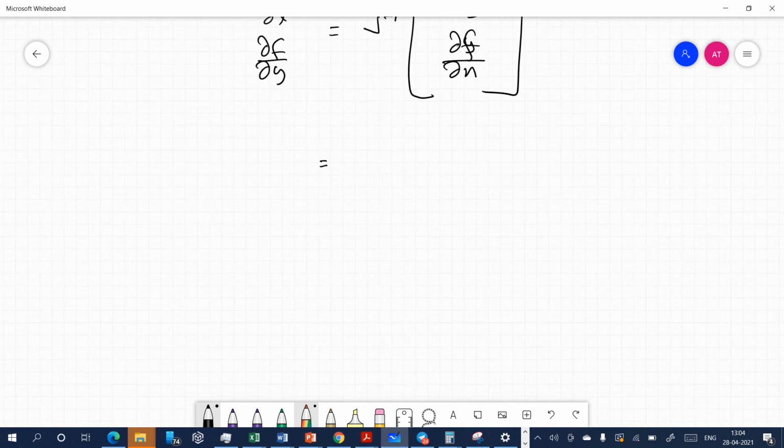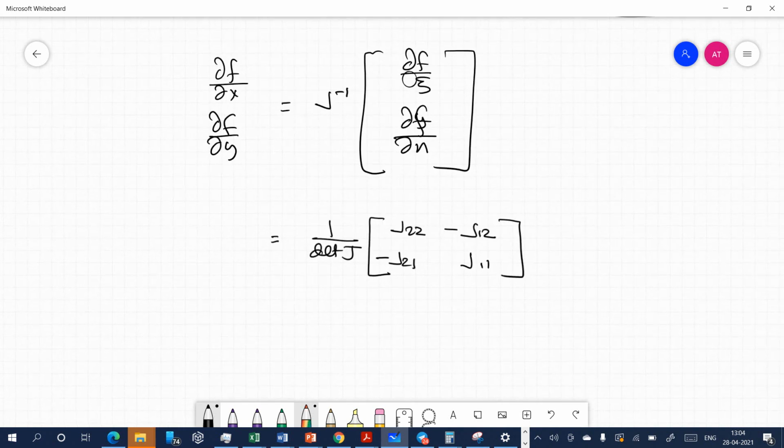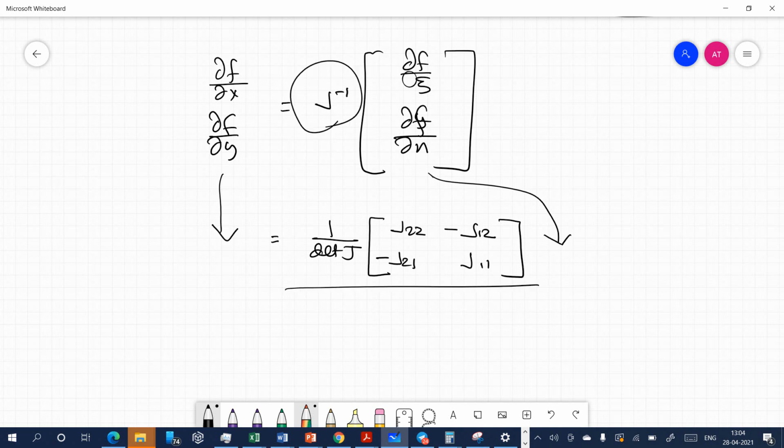And we can write the inverse of J as 1 by determinant of J into J22, minus J12, minus J21, J11, right? So this you can simply verify by doing simple matrix operation. I'm just changing the J inverse term to this value.